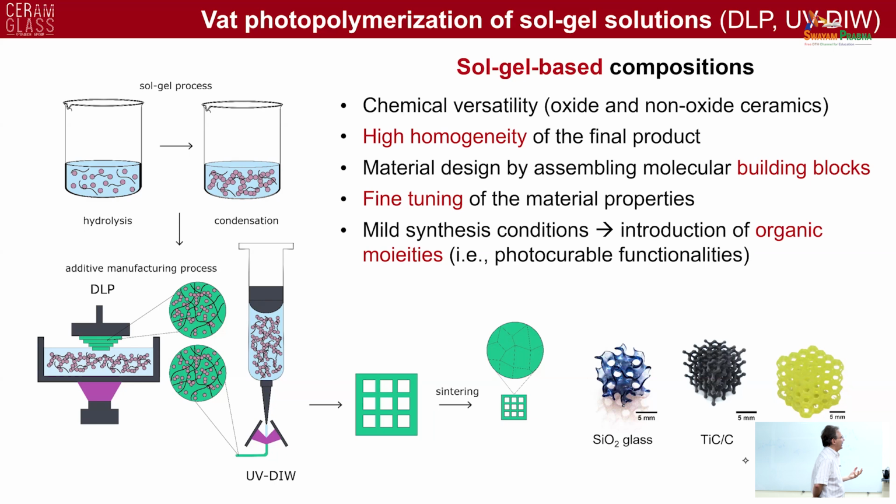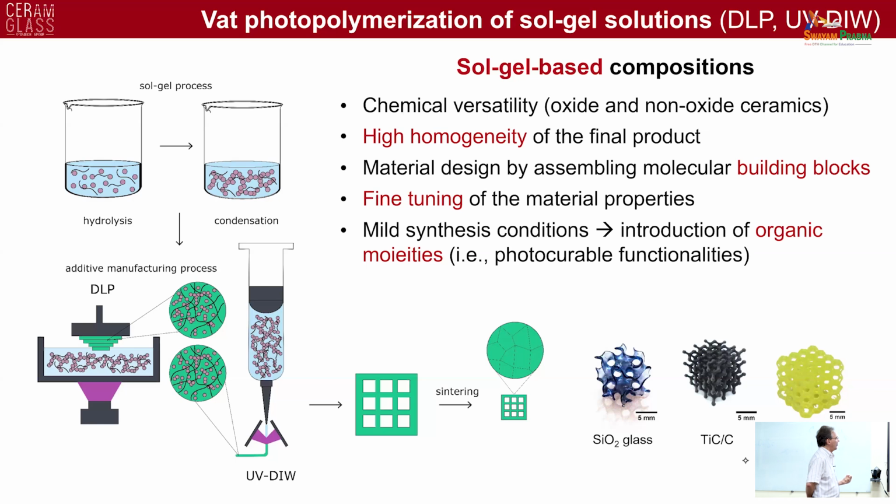You have a large chemical versatility. You can make a wide range of oxide materials. You can make non-oxide ceramics by simply adding carbon sources and firing in a non-oxidative atmosphere. You have a molecular homogeneity of the different constituents of your feedstock in a liquid. So you have a high homogeneity in the final product in terms of the composition.